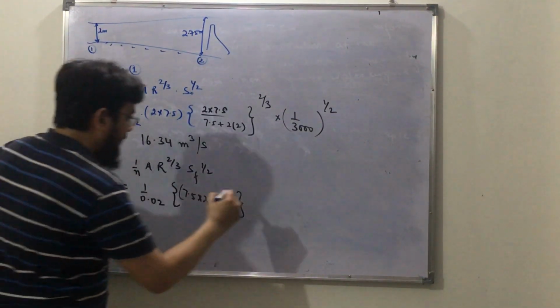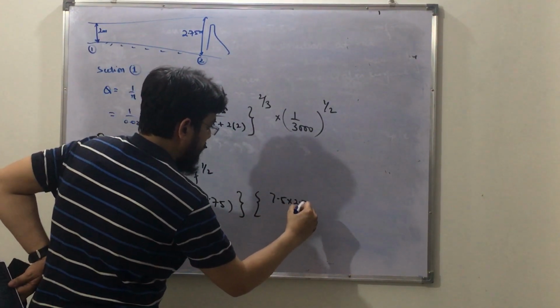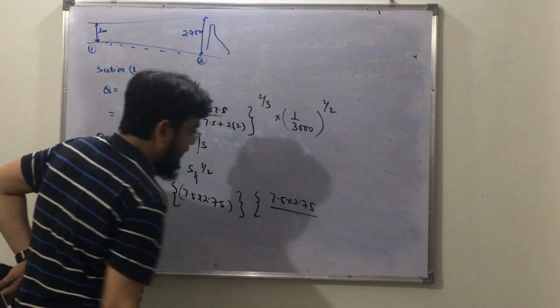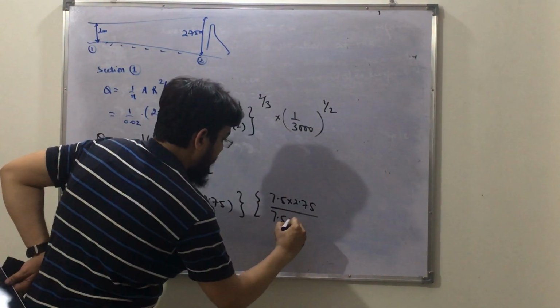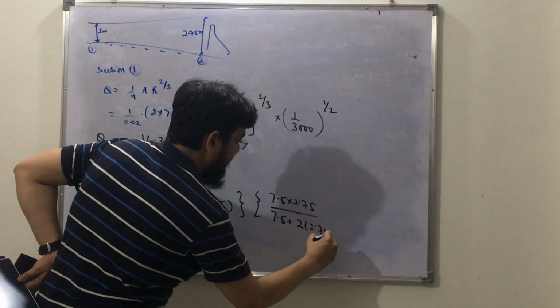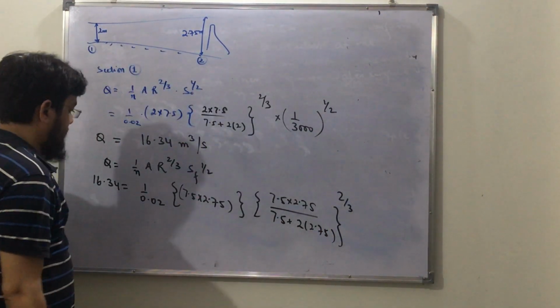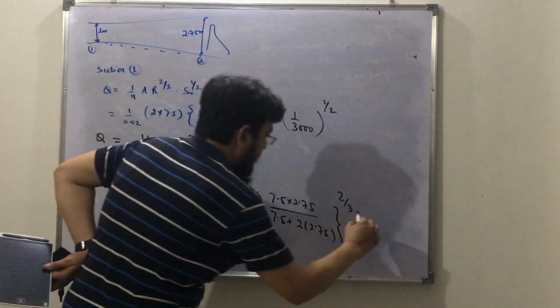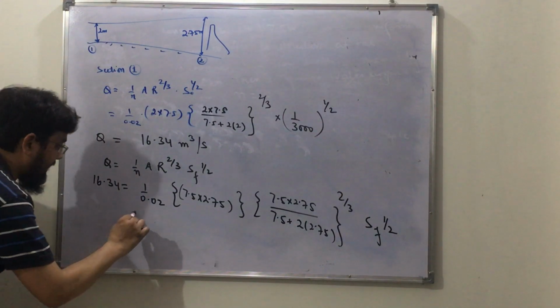R is A upon P. So 7.5 into 2.75 divided by A upon P. What is P? B plus 2Y. So 7.5 plus 2 into 2.75, power 2 by 3, and SF to the power 1 upon 2. So here we can calculate SF.